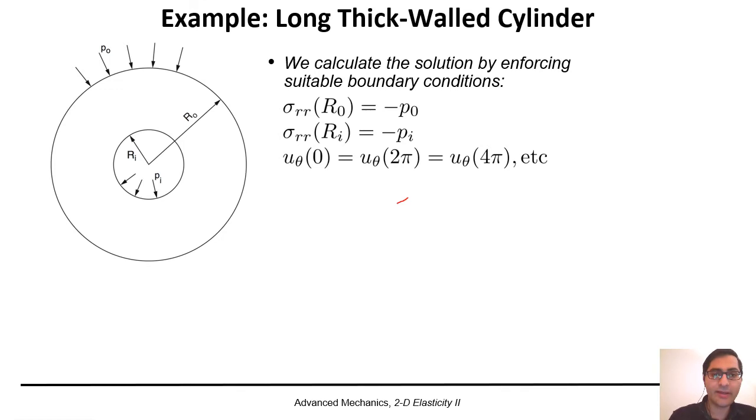Basically there we have traction equal to minus PO, 0, 0, and the normal there is in the direction of the radius.